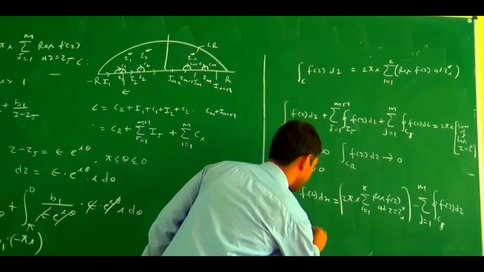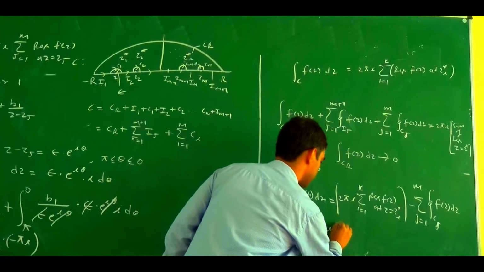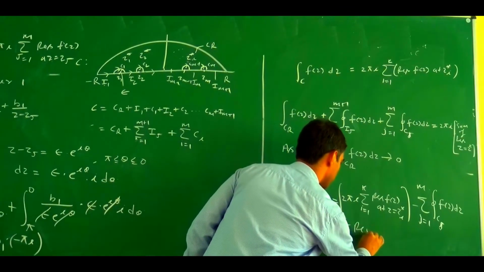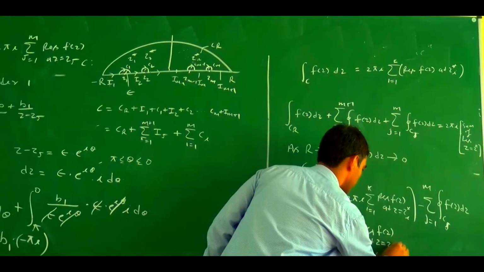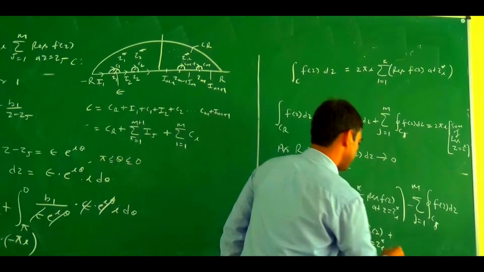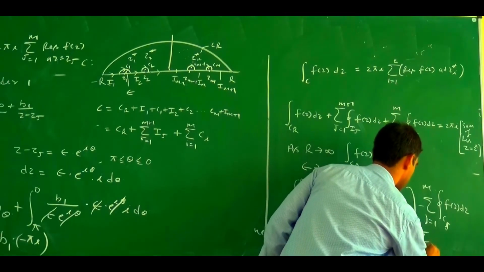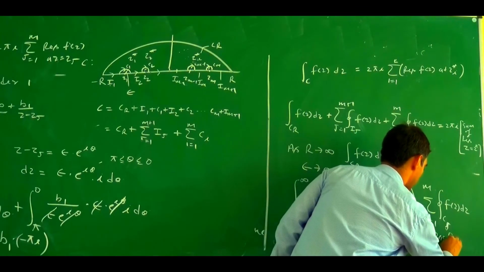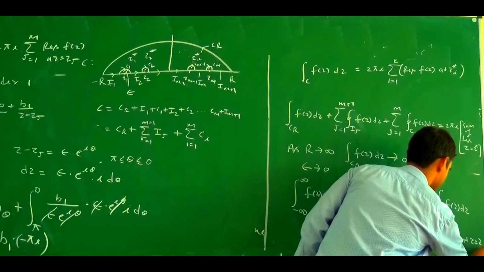So the value of integration becomes 2 pi I summation i equal 1 to k residue of fz at z equal zi, star, plus pi I summation j equal 1 to m residue of fz at z equal zj.